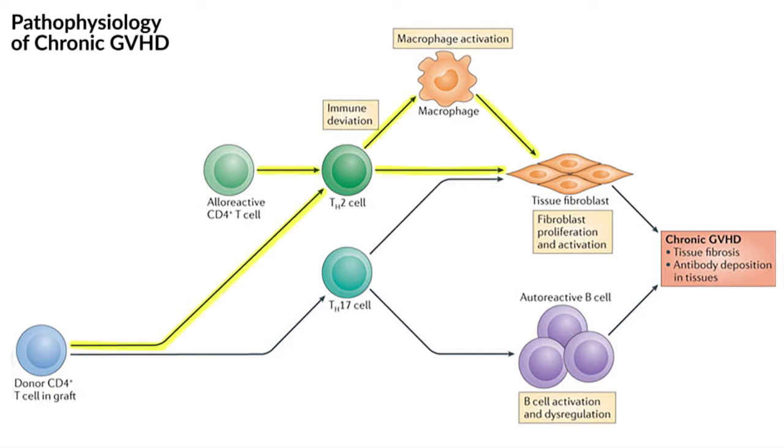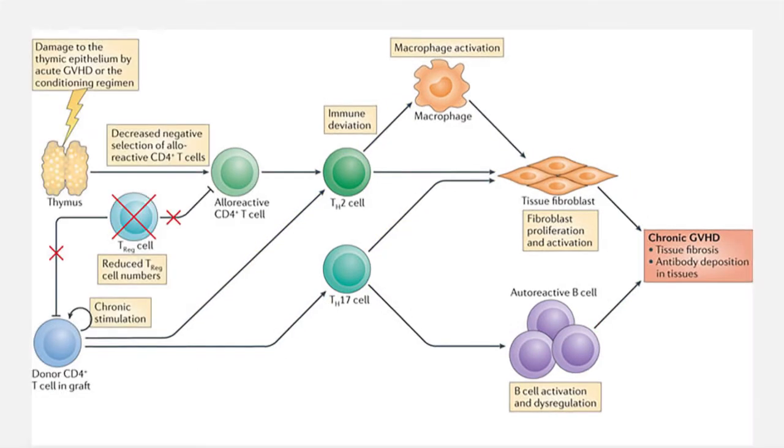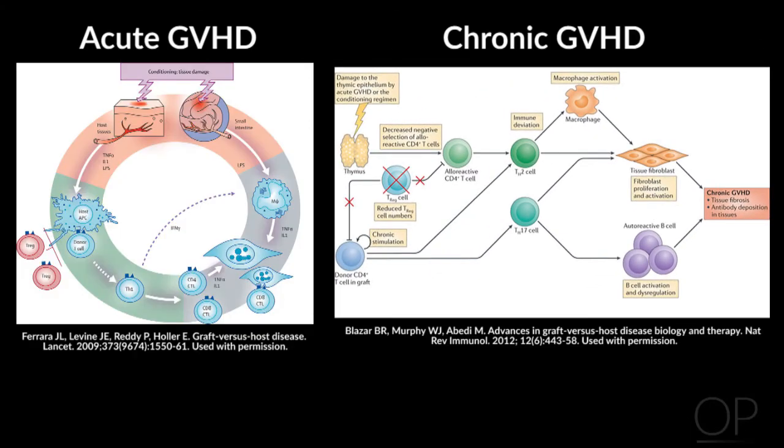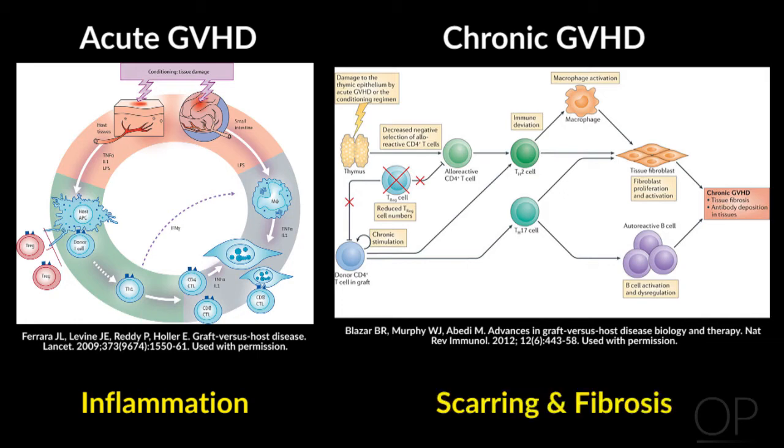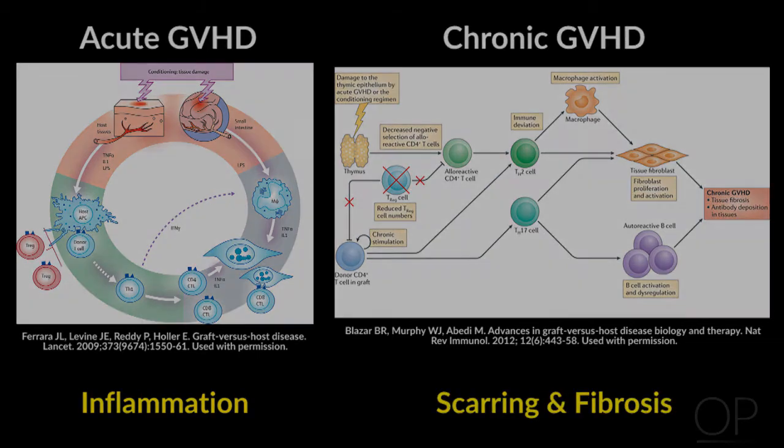So one, a direct cytolytic or inflammatory attack, via inflammatory cytokines, which then proceeds to fibrosis, B-cell activation, which we don't typically see as part of the pathophysiology of acute graft versus host disease, and the production of autoantibodies. In general, we think of acute graft versus host disease as being inflammation, and chronic graft versus host disease being more characterized by scarring and fibrosis.